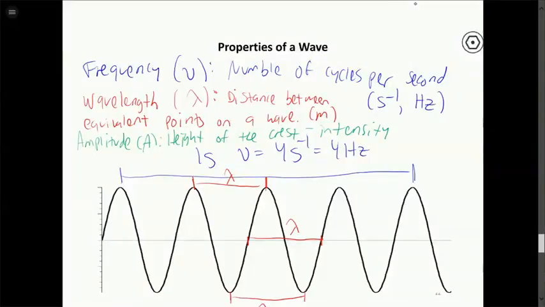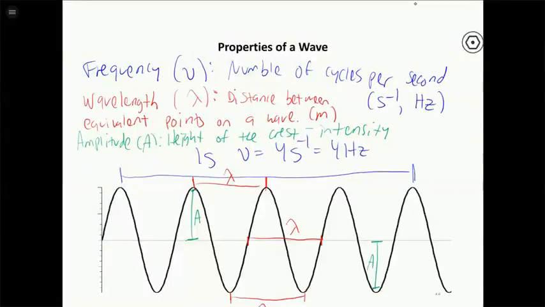So amplitude would be, for example, this distance here, the distance from the center point to the top of a wave, or alternatively the distance from the center point to the bottom of a wave, but it's that total height. And so that's related, at least classically speaking, to the intensity of the electromagnetic radiation.